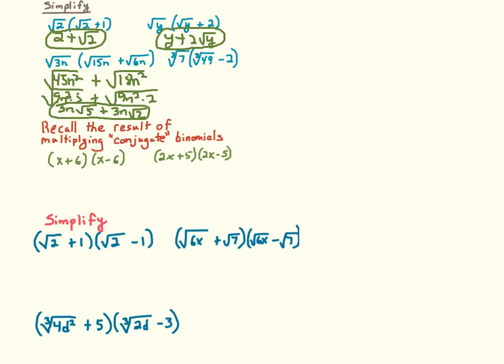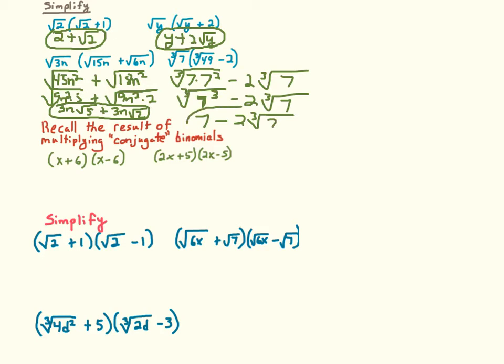So I'm going to take the cube root of, remember the 49 is 7 squared, so I'm going to have 7 times 7 squared there, that's a cube root, and then minus 2 times the cube root of 7, and then this ends up being the cube root of 7 cubed minus 2 cube root 7. So that's just a 7 minus 2 cube root 7, and that's my final answer there.